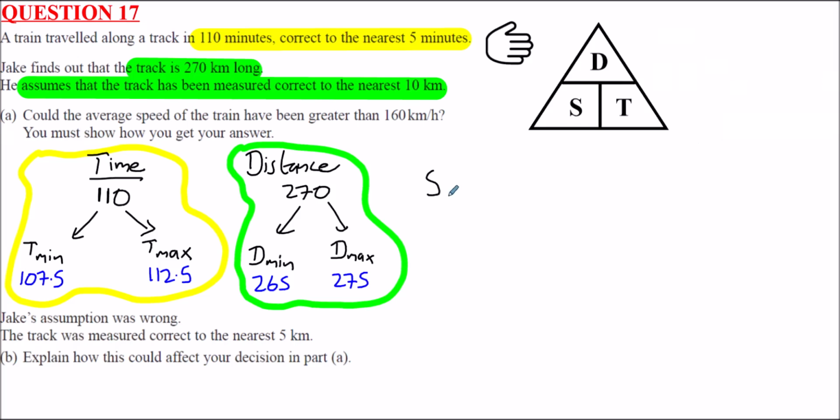Speed is going to be biggest when you're covering the furthest distance, so you want the distance to be maximum, and your speed is obviously quicker if you're covering that distance in a shorter amount of time rather than taking ages about it. So to compute the maximum speed, you go for the biggest distance and divide that by the shortest time possible. So maximum distance was 275, and the minimum time we established was 107.5 minutes.